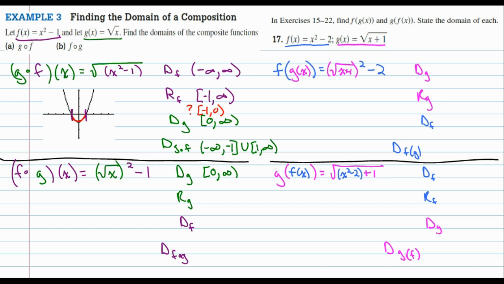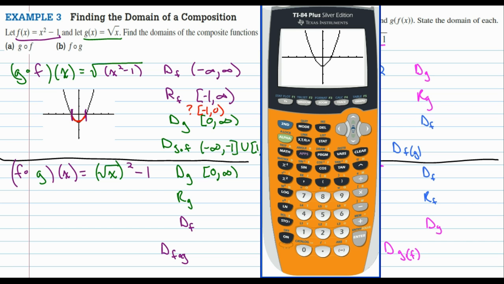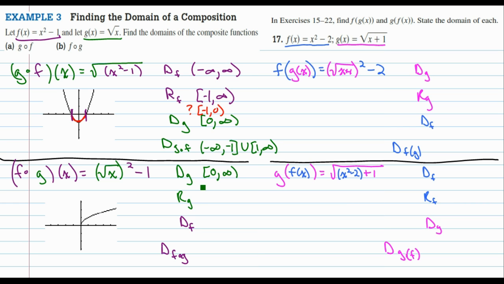Now if anything of those that I plug in create outputs that I can't plug into the f function, then I'll have a problem. So let's look at the range of the g function. The range of the g function is 0 to infinity. So I need to see which of those outputs can I not plug into the f function. Well, the domain of the f function is all real numbers.